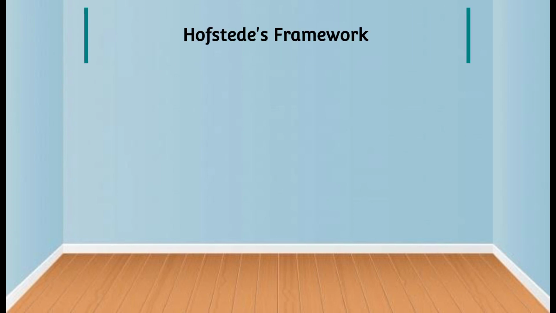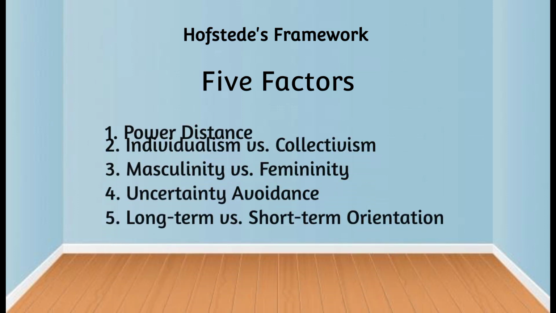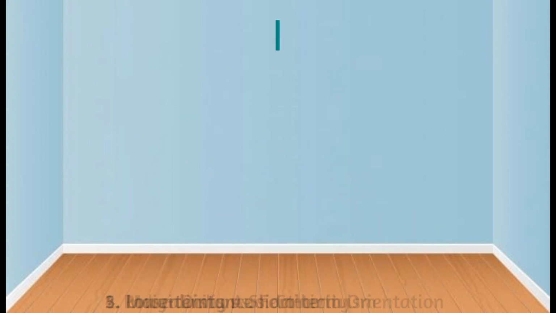The Hofstede framework for assessing cultures has 5 factors, and these are power distance, individualism versus collectivism, masculinity versus femininity, uncertainty avoidance, and long-term versus short-term orientation. Let's elaborate on the 5 factors.